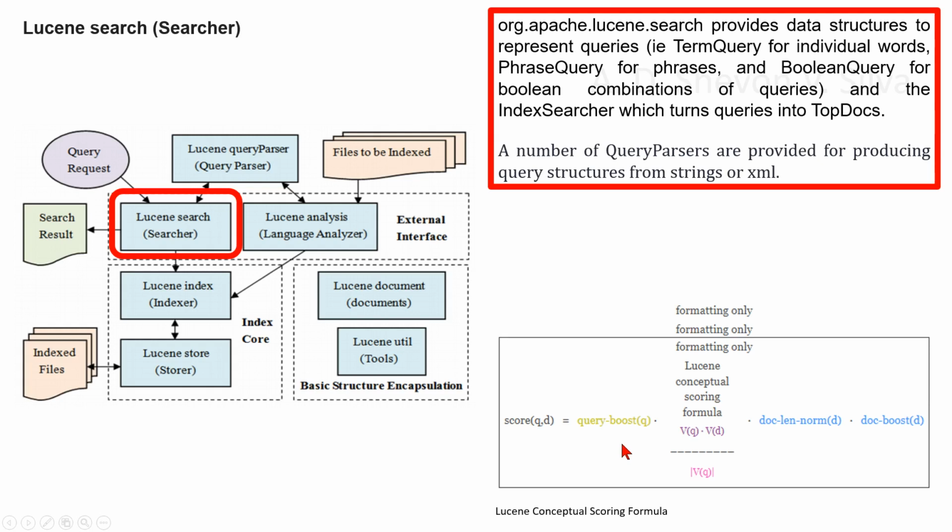For efficient score computation, some scoring components are computed and aggregated in advance. Query boost for each query term is known when the search starts. The query Euclidean norm can be computed when the search starts, and it is independent of the document being scored.